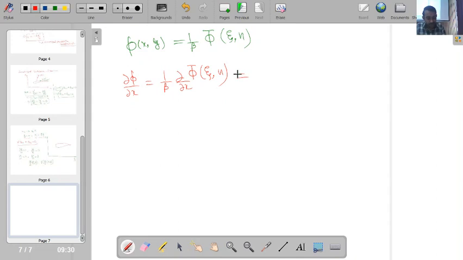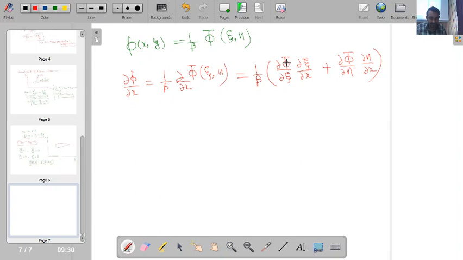I cannot take the direct derivative with x because this is a function of zeta and eta. So I will first do del phi bar by del zeta and then del zeta by del x, plus del phi bar by del eta and then del eta by del x.